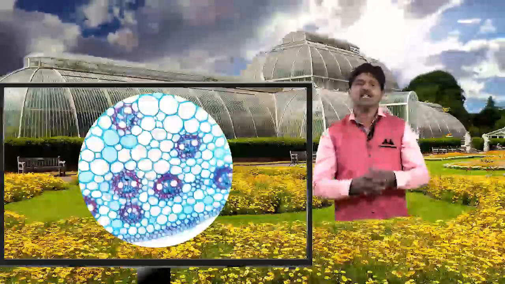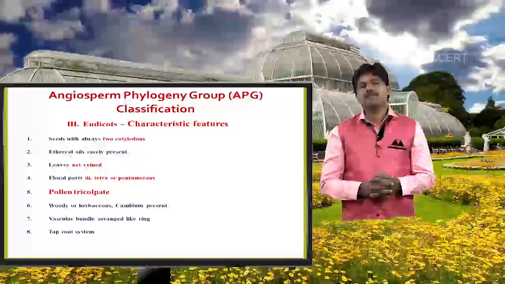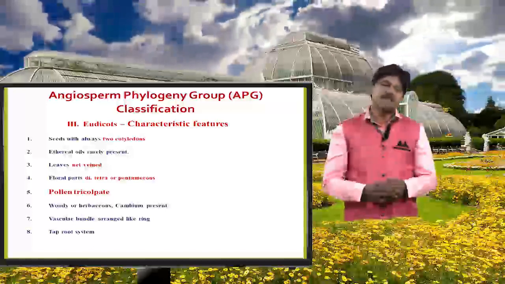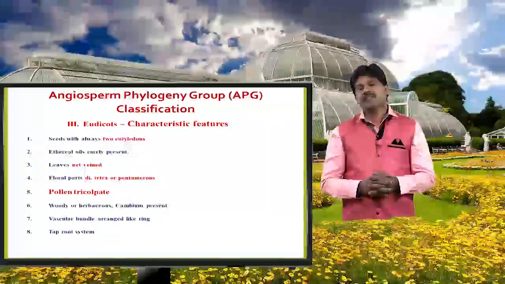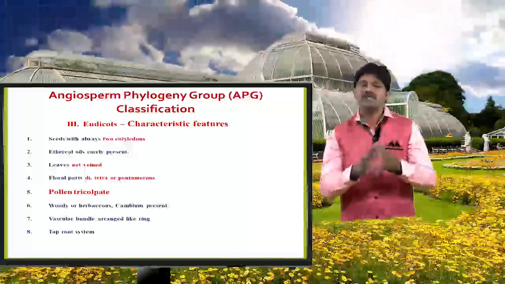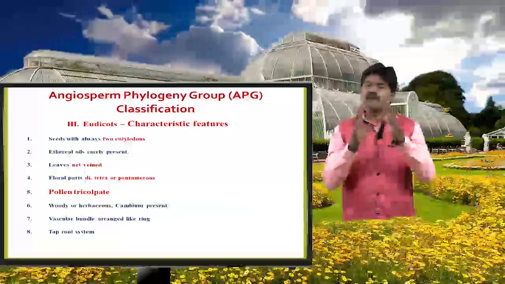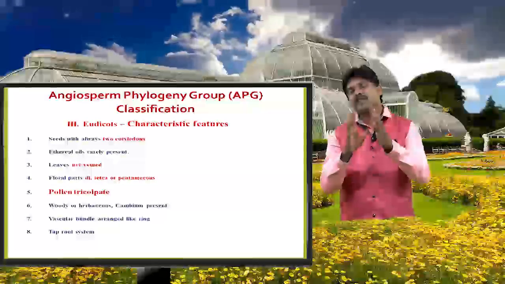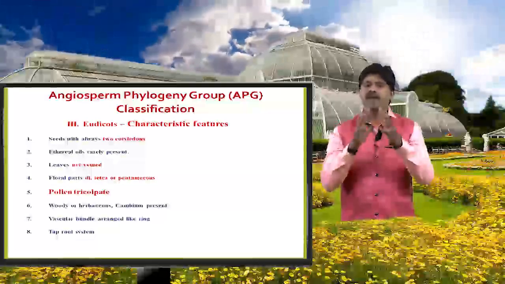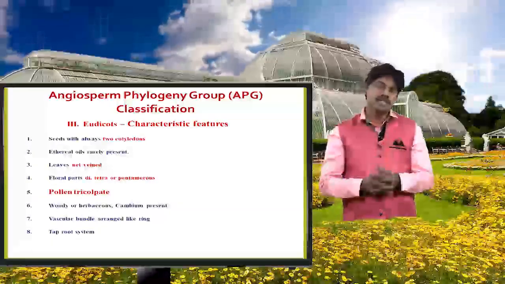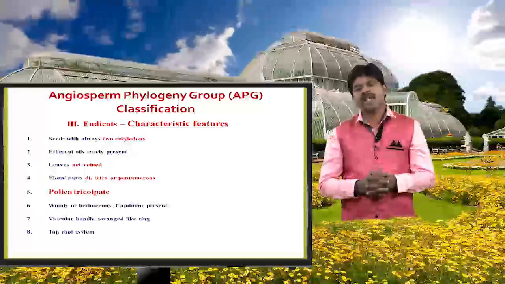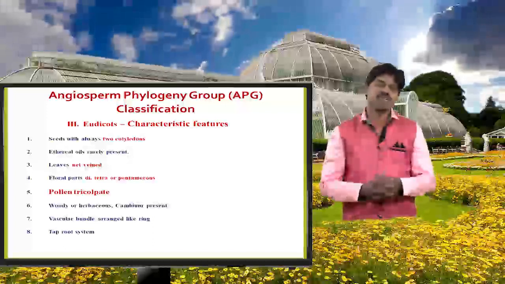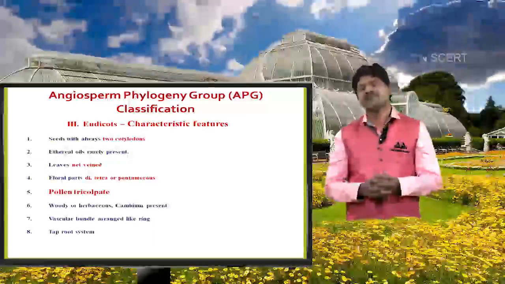Next, the characteristic features of eudicots. So eudicots have 2 cotyledons, ethereal oil rarely present, and the venation type is reticulate venation. The type of flower may be dimerous or tetramerous or pentamerous.